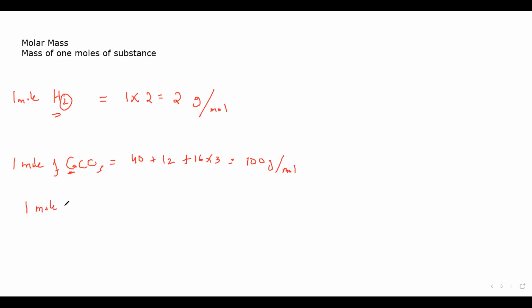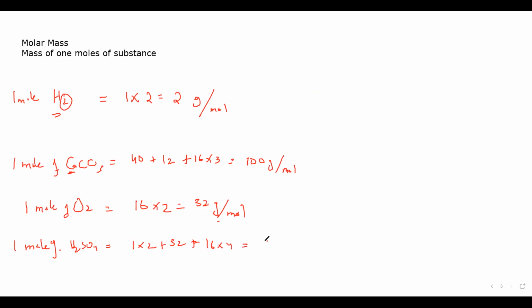Same way, 1 mole of oxygen. Oxygen atomic mass is 16 multiplied by 2, so that equals 32 gram per mole. 1 mole of H2SO4: hydrogen is 1 multiplied by 2, plus sulfur is 32, plus oxygen 16 multiplied by 4.